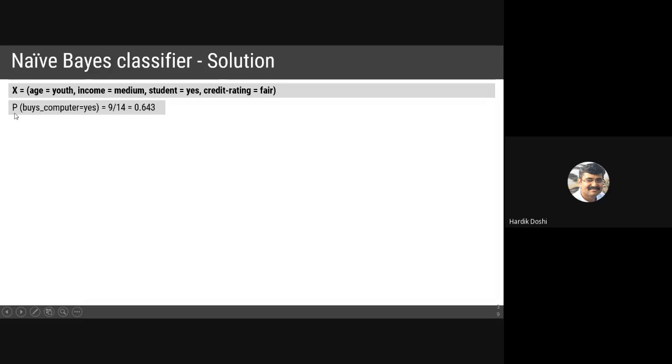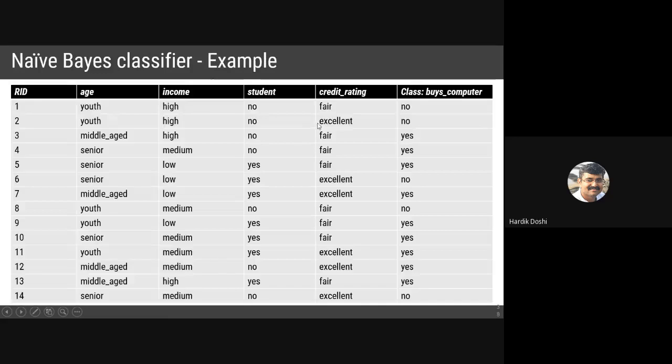Starting with the probability that a person buys a computer, which is yes. Out of 14 records, we have 9 people who buy a computer from the statistics given.